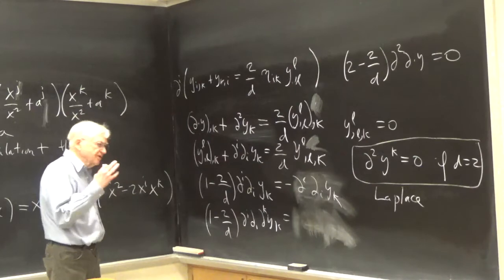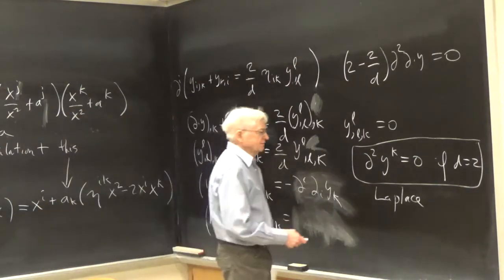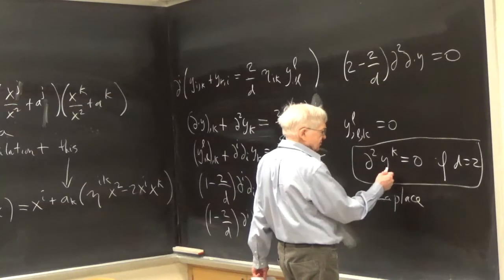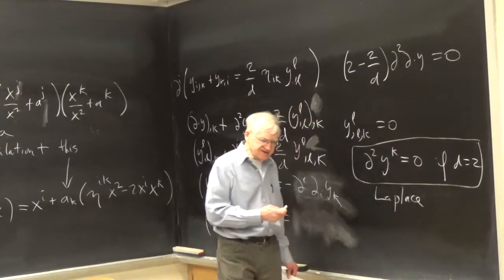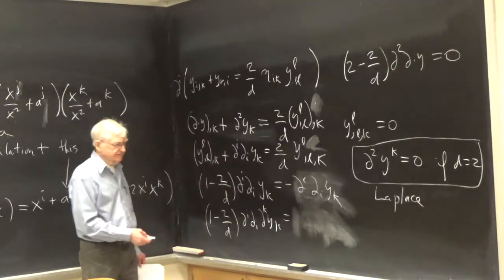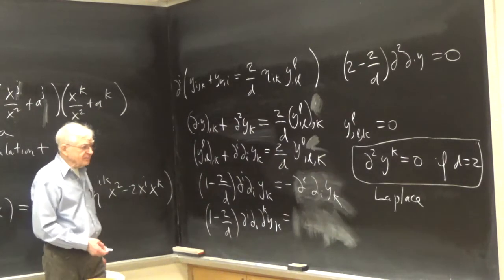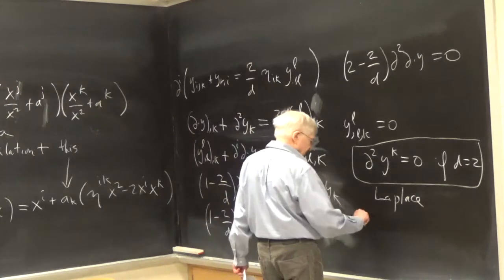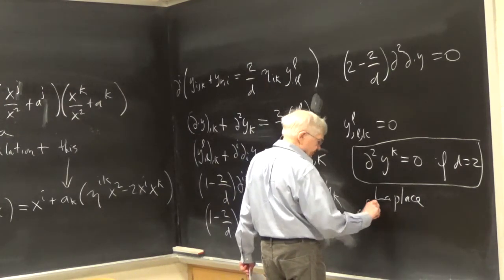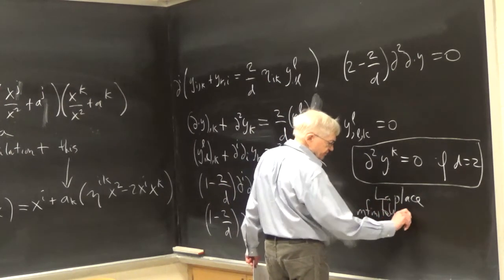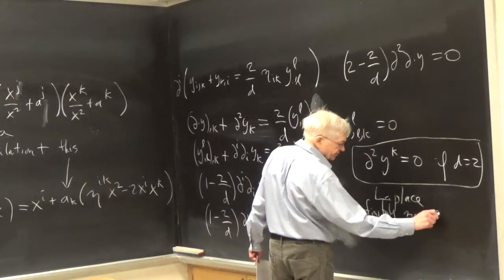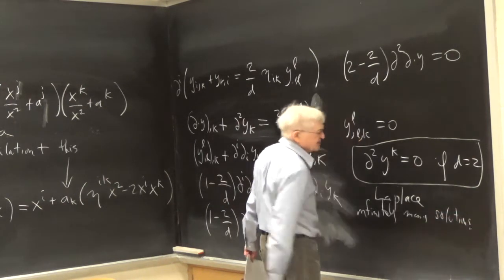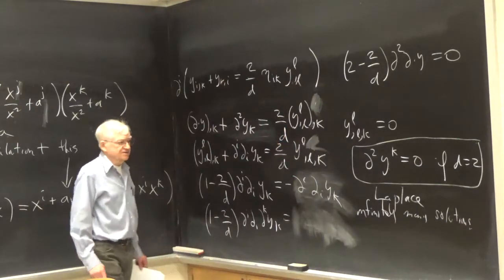And so in 2 dimensions, every solution of Laplace's equation is a conformal Killing vector. And moreover, there are infinitely many of those solutions. So there are infinitely many Killing vectors.